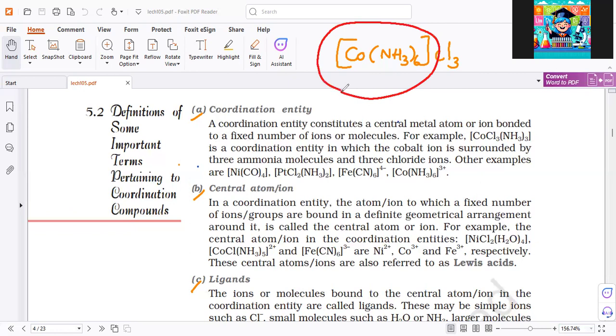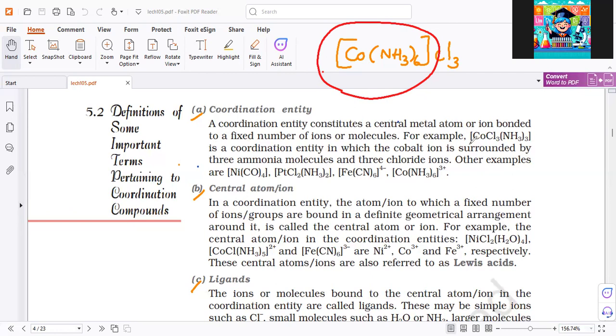So in a coordination complex, the metal atom as well as the groups, atoms or molecules that are directly bound to it are collectively called a coordination entity. So in this complex, this part is known as the coordination entity: the central metal atom plus ions or molecules that are directly bound to it.